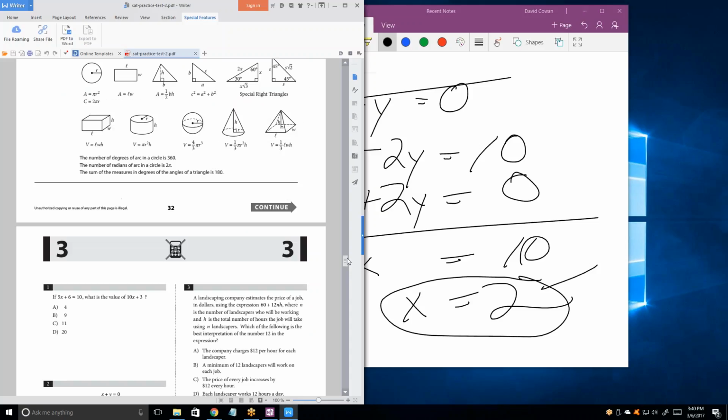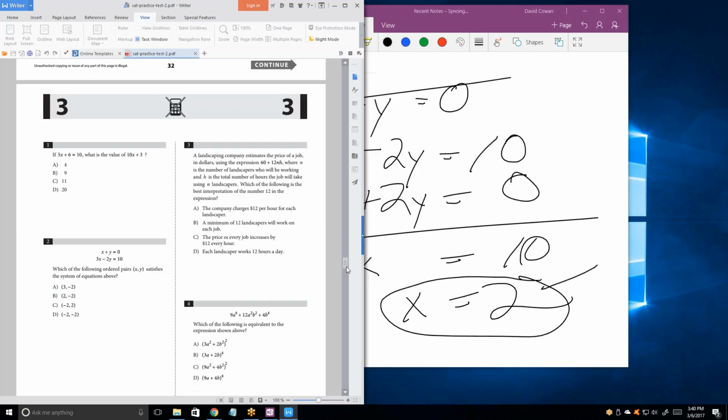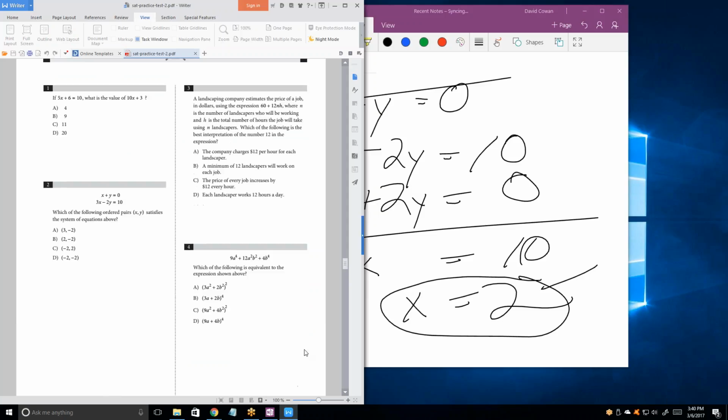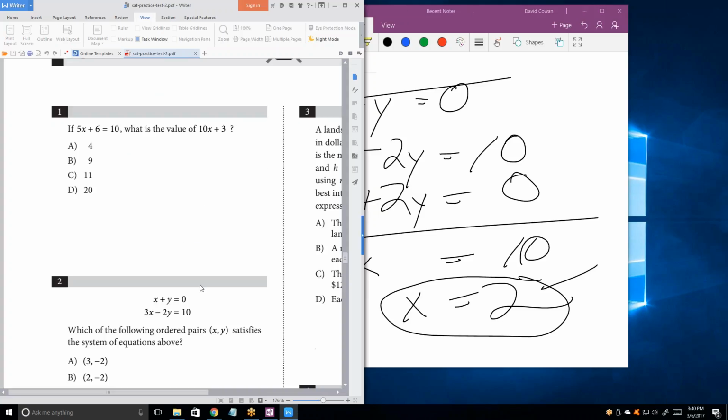How the heck do I blow this up in a PDF file? View. Wow, that doesn't help. There we go.